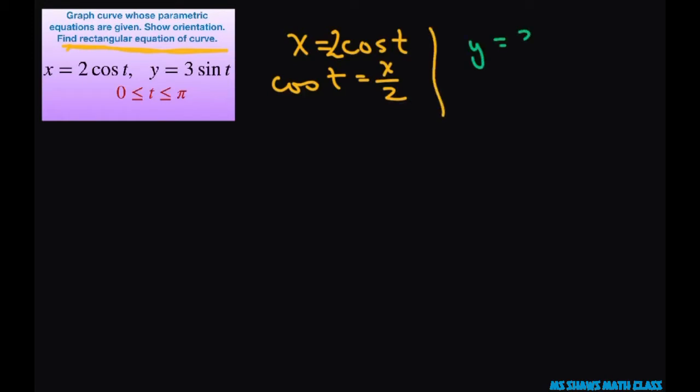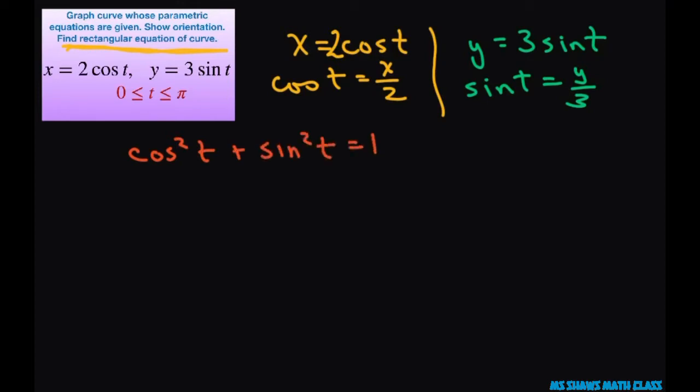So if we have x equals 2 cosine of t, that means cosine of t equals x divided by 2. Similarly, we have y equals 3 sine of t. Solving for sine of t gives us y divided by 3. We also know that cosine squared of t plus sine squared of t equals 1.